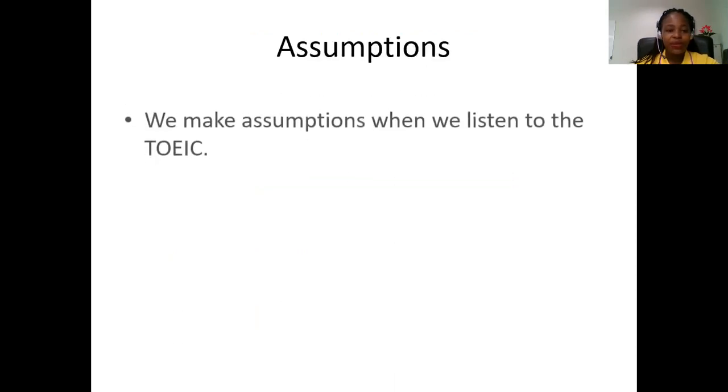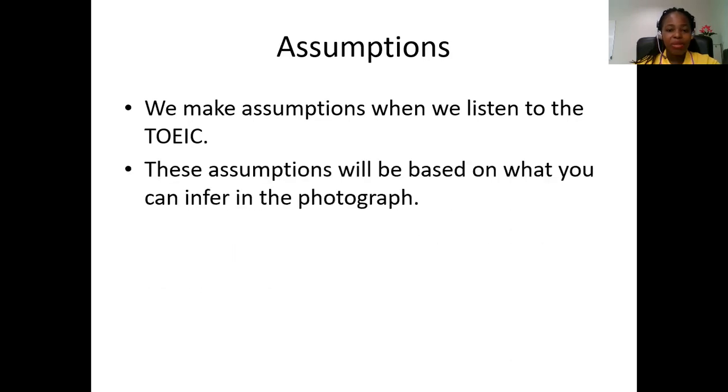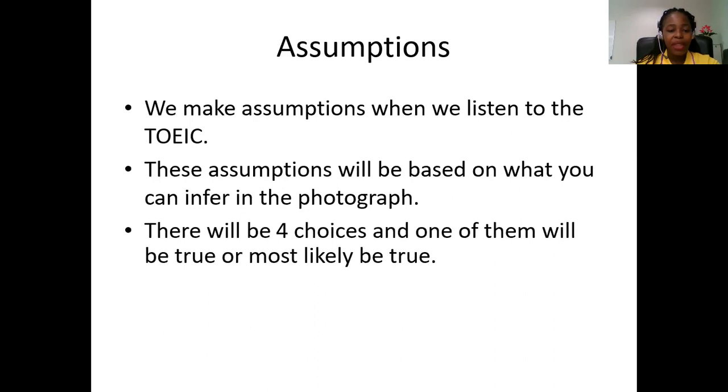So for assumptions, we may make assumptions when we listen to the TOEIC. These assumptions will be based on what we can infer in the photographs. There will be 4 choices, and one of the choices will be true or most likely be true.